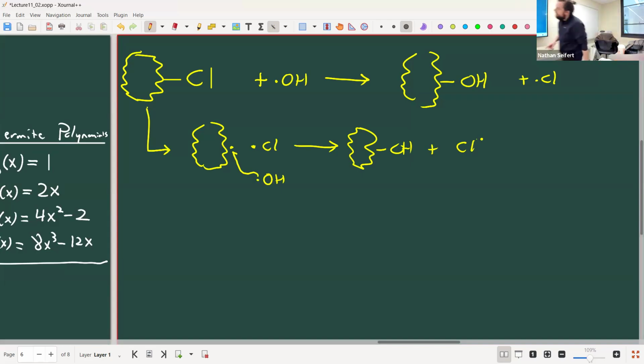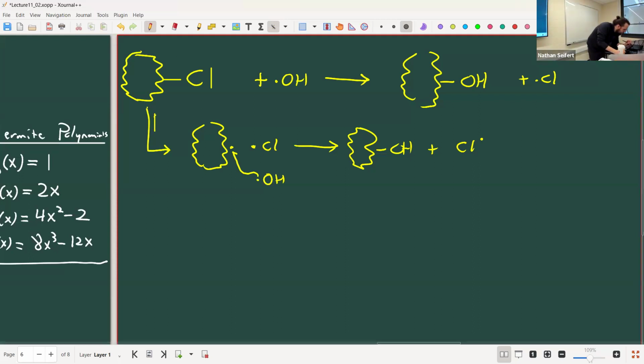Very simple. So what's the rate determining step? What's the hardest step of this process? Well, it's breaking this bond. Once you have a radical, recombinations are barrierless, they're really fast. They happen spontaneously. So the rate determining step is this bond breakage. This is the RDS.